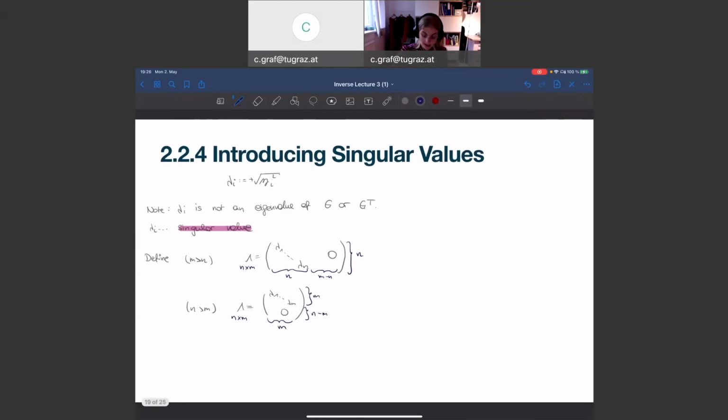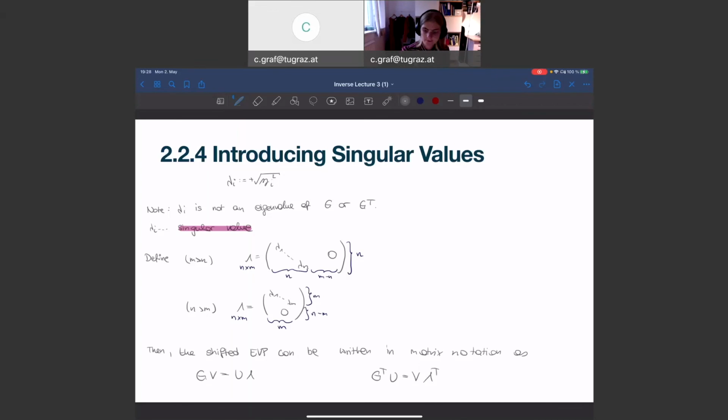Now we can write down the shifted eigenvalue problem in matrix notation. And we have on the one hand T V equals U lambda, and on the other hand T transposed U equals V lambda transposed.